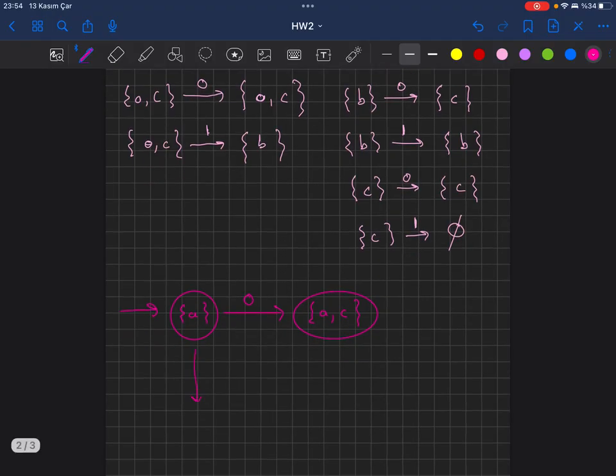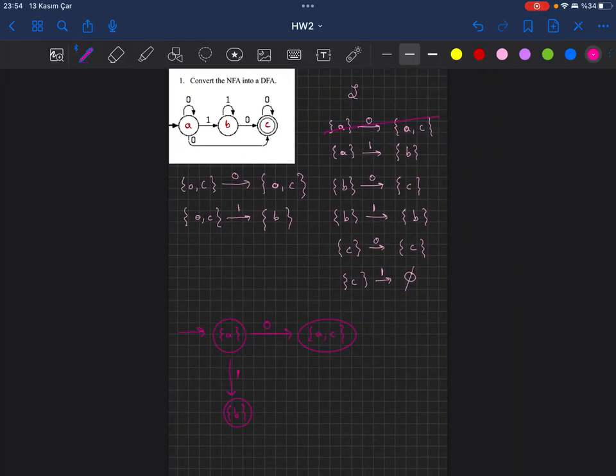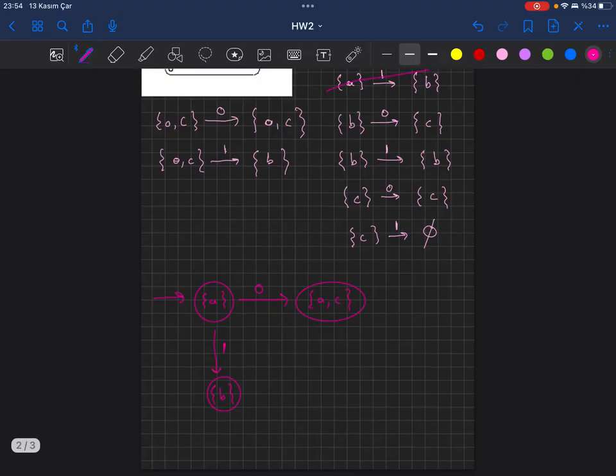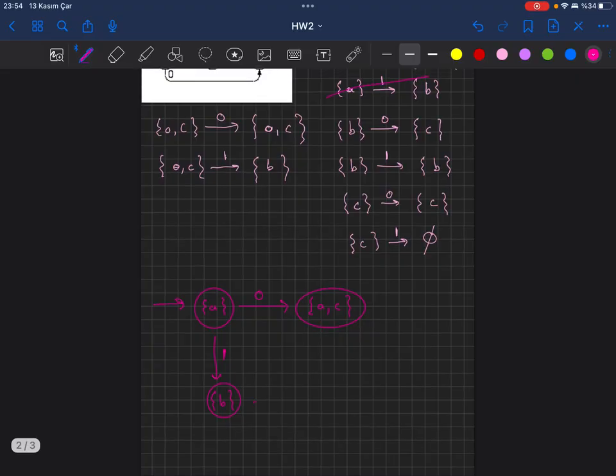Let's draw B. With 1, right? Then draw. With B, going with 0 is going to C. Let's draw 0, going to C, right?